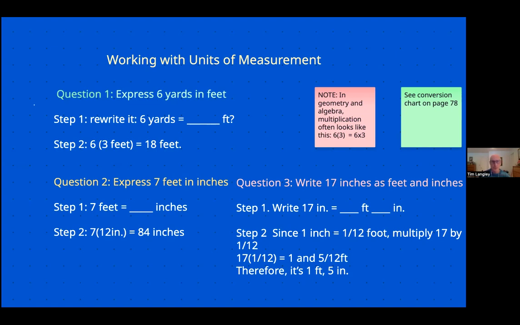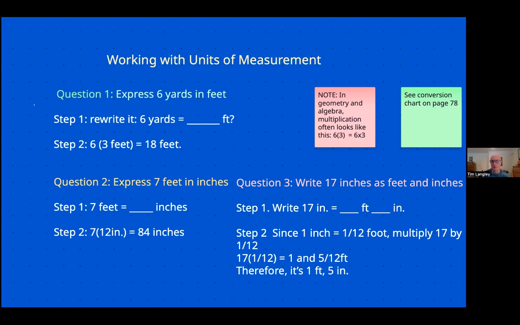But I've got a question here. Question number one on the screen, it's in green. It says, express 6 yards in feet. Now, I want you to note that on page 78 of your textbook, you've got a conversion chart.